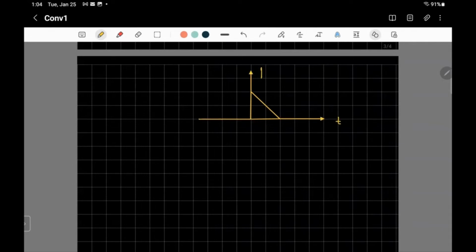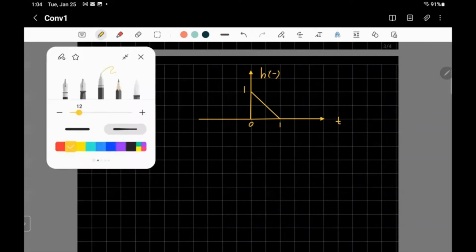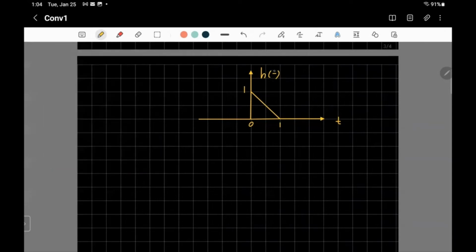Let me call it h of t. That's originally given everything in time. That's 0, and that's 1, and that's 1. That's h of t. I want to sketch h of t minus tau.